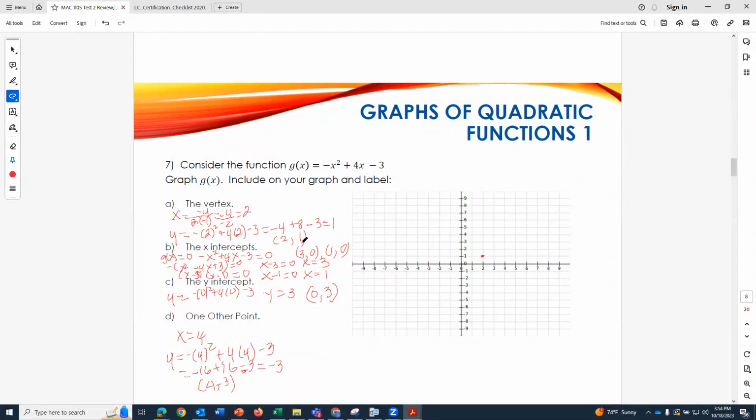Negative 7 plus 8 is 1 exactly. And the y-intercept is 3, 1. You have 1, 0, and 3, 0. The x-intercept. And the y-intercept is 0, 3.